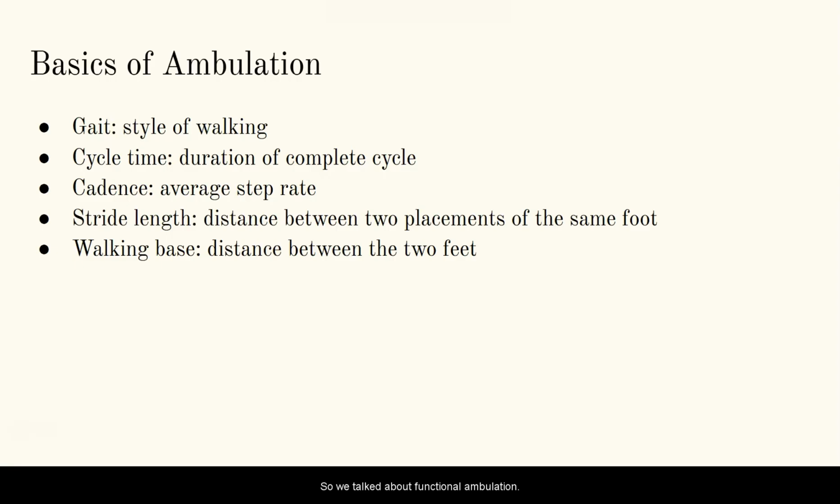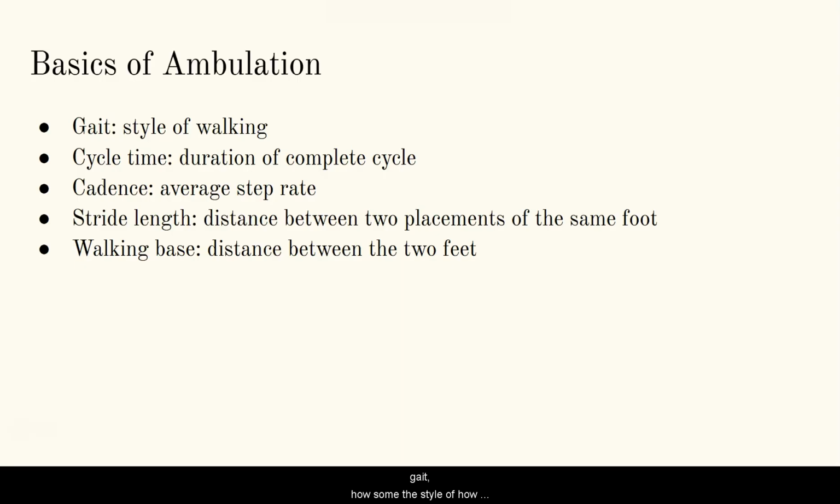So we talked about functional ambulation, just some things to consider, and I apologize if this slide is a little bit out of order, but for you to know some basic terminology.